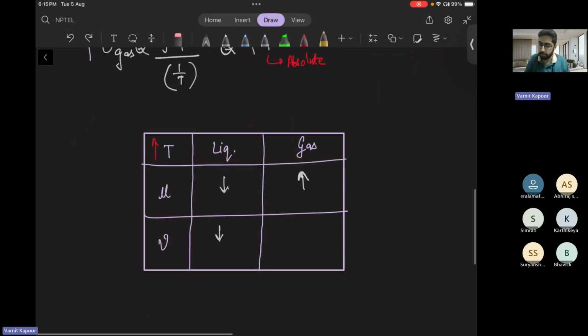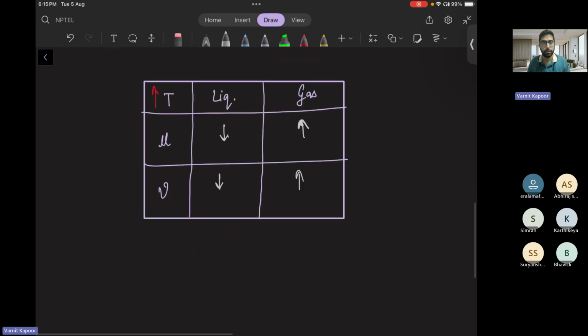So these both increase. All right, clear? Any doubts? No, sir. Great. So with increase in temperature, liquid viscosities both decrease, whereas gas viscosities both increase.